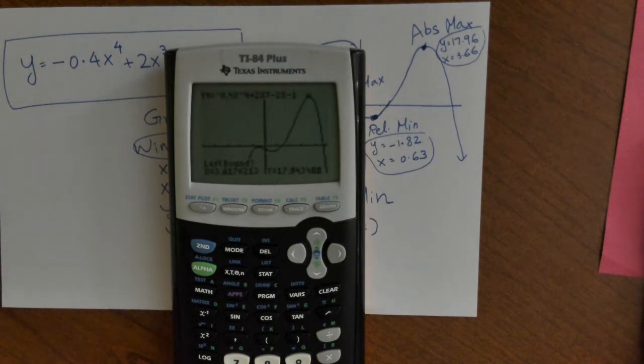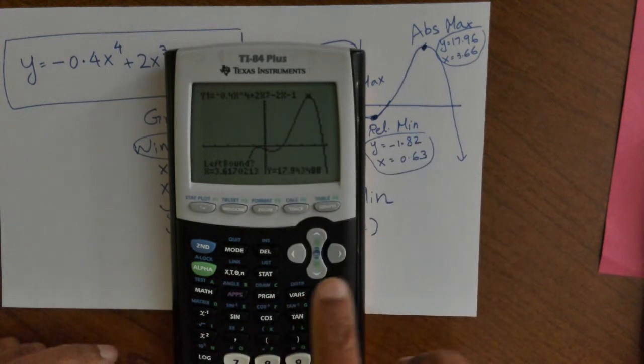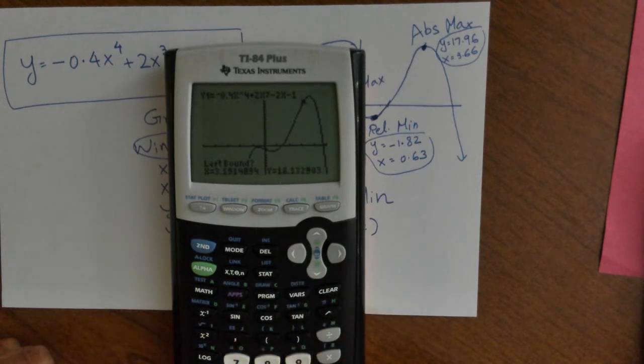Okay, please stop me if I'm going too fast. What do you see on your calculator? What is it asking for? Left bound. So even though the cursor is blinking at the absolute max, your cursor needs to move to the left of the topmost point. So move to the left of that absolute max point. Press enter.